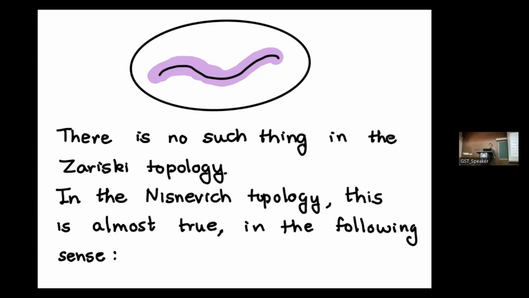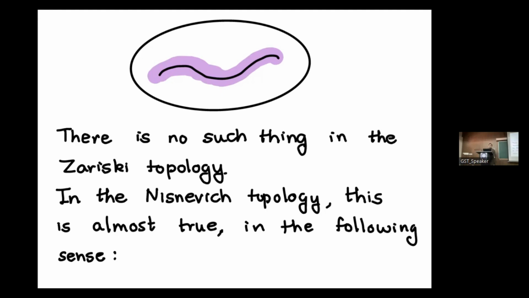So you can see this little fattening as a space that is diffeomorphic, or at least homeomorphic, to the line bundle. This is what one calls a tubular neighborhood, which is a very useful concept. There is no such thing in the Zariski topology, because the Zariski topology is just very crude. That is one reason why it would not be that useful if you wanted to do algebraic topology in that sense.